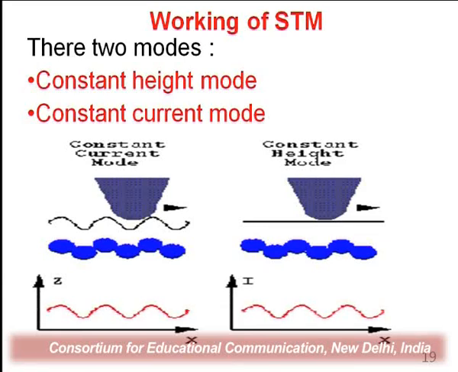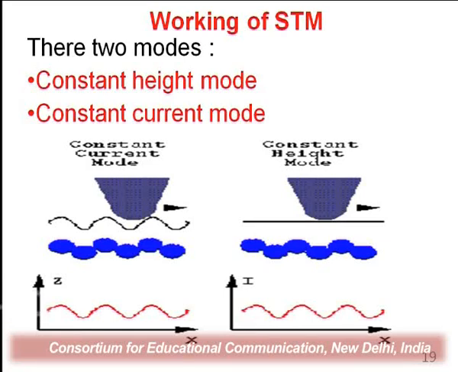The distance between the sample and the tip is constant throughout the scanning. You see in the right hand side diagram that there is a line below the tip which is constant. It means this tip is moving constantly on the surface.